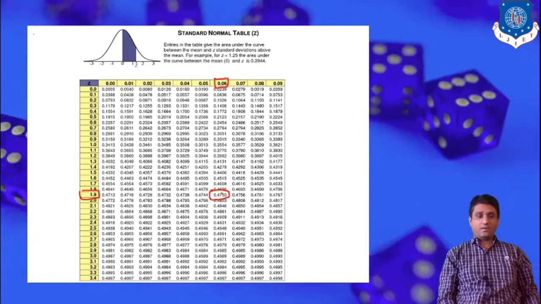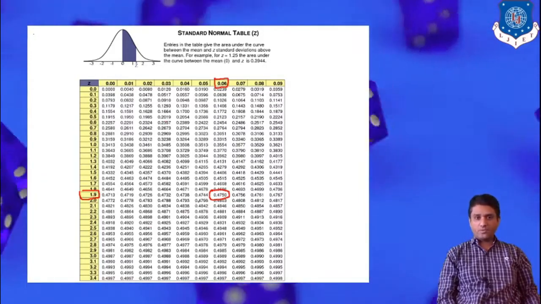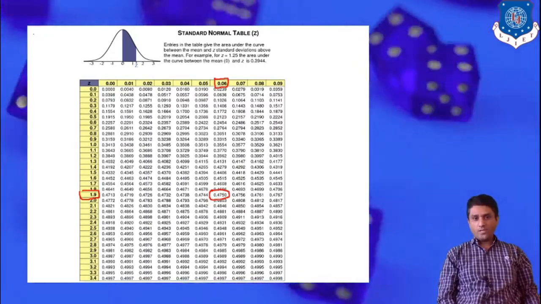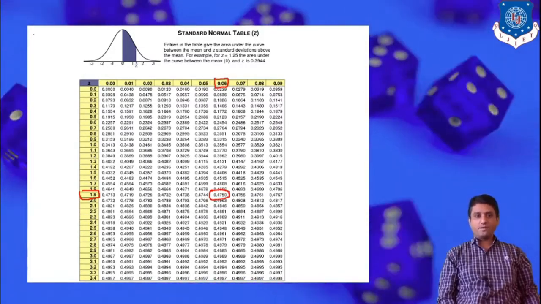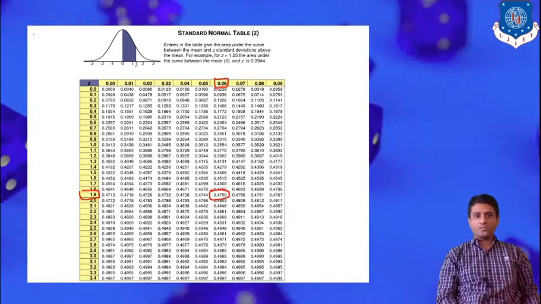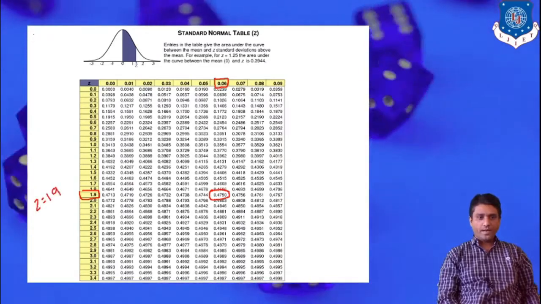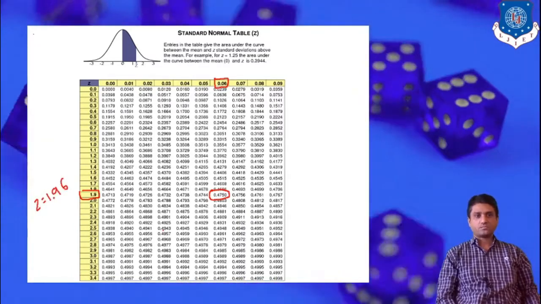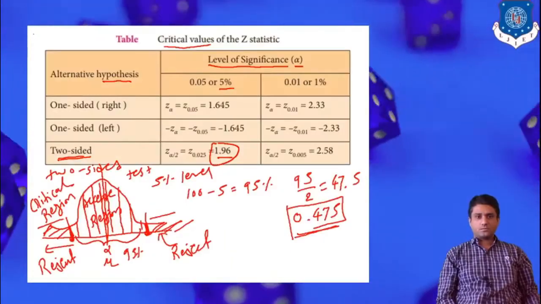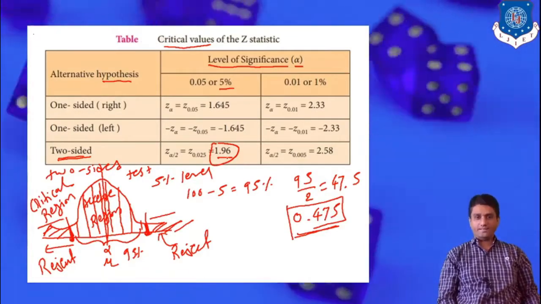In our previous lecture, we found the area for a given Z, but right now we do the converse: we find this 0.475 and see the corresponding Z value, that is 1.9 and 0.06. So the value of Z is 1.96. That's why we write down this Z value as 1.96.